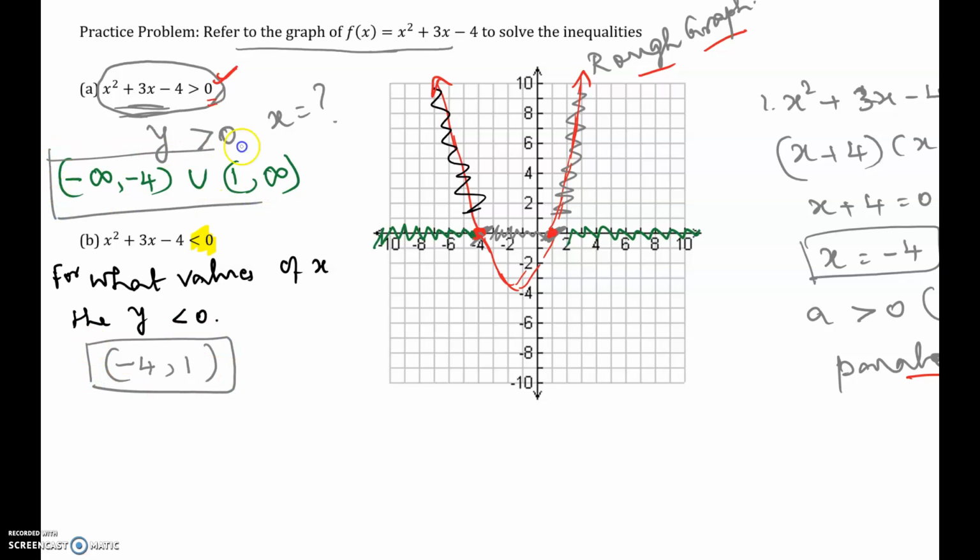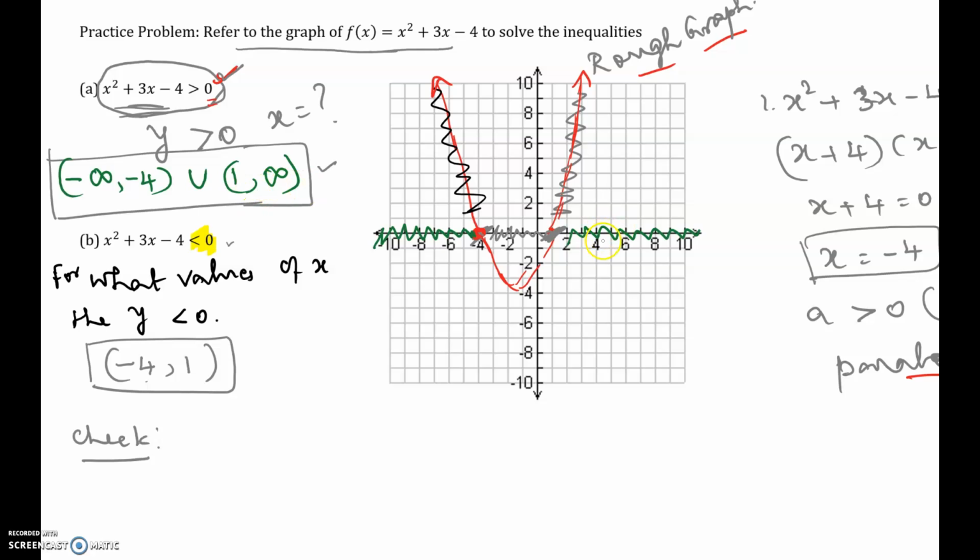In fact, for both of them, we can actually check the answer. By that, what we mean is, if I give any value in the interval 1 to infinity, I should get the y value positive. If I give any value in the interval negative 4 to 1, I should get the y value negative. It's clearly obvious from the graph, but we will check anyway.